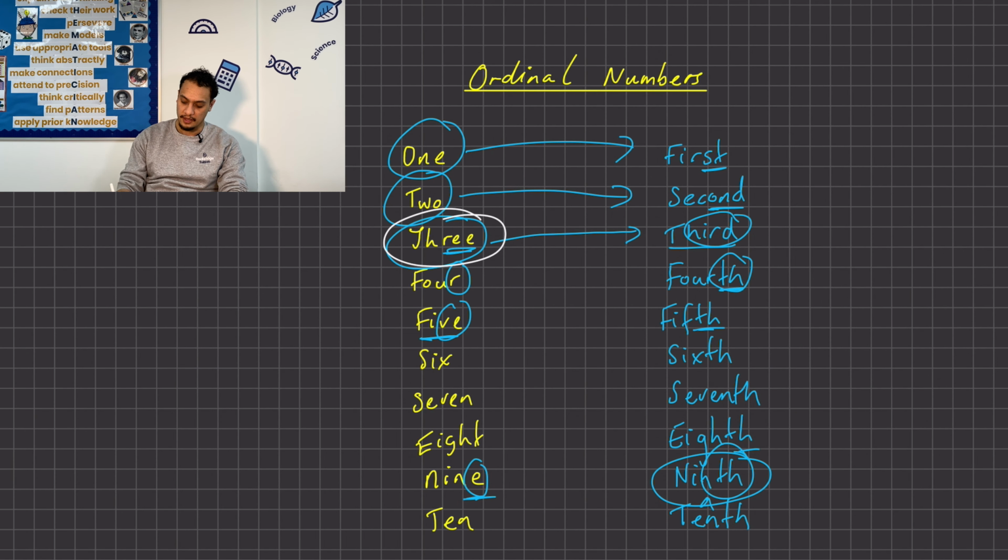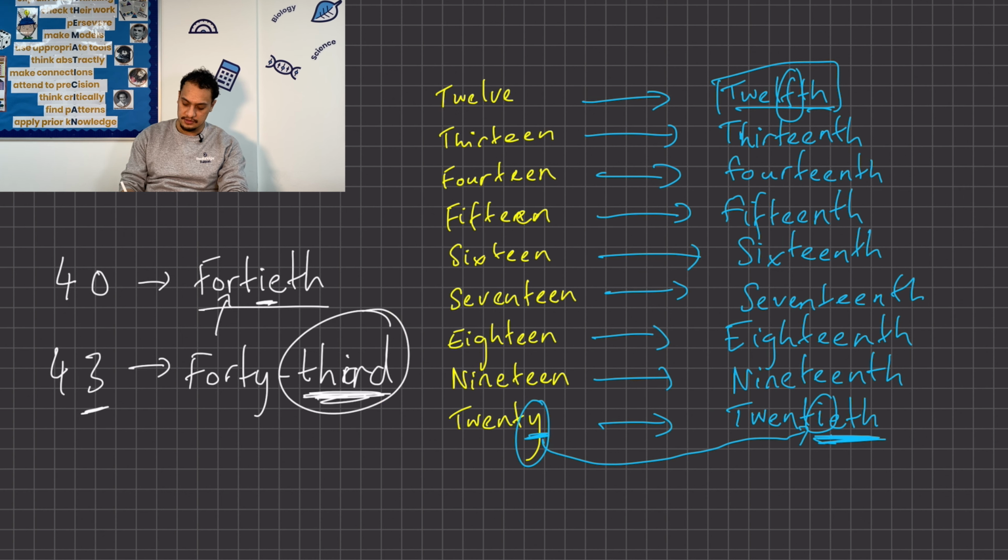Here, this also has a third. It's not 40th or something like that. It's 43rd. It's also important to remember this hyphen. If you want to see how these numbers are formed, check our previous video. It should appear in the top right corner.